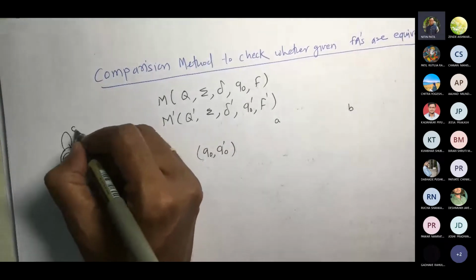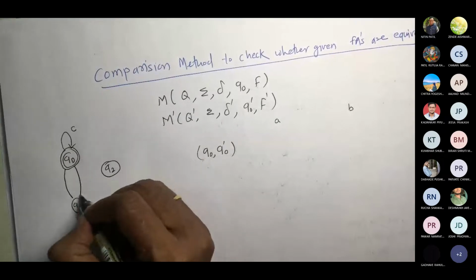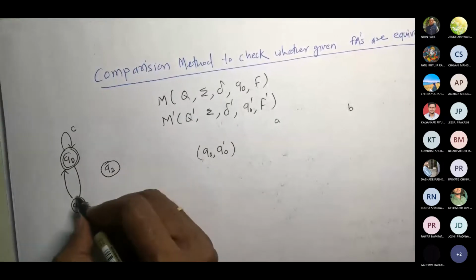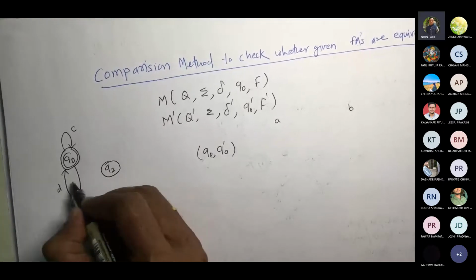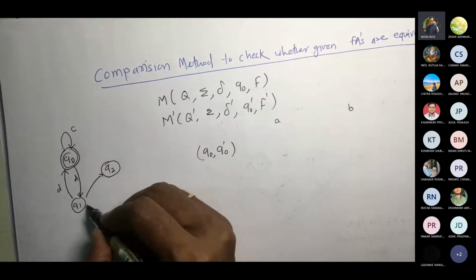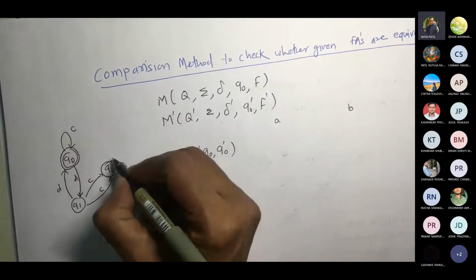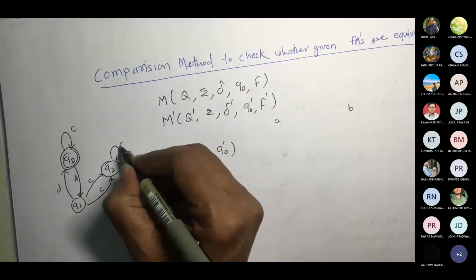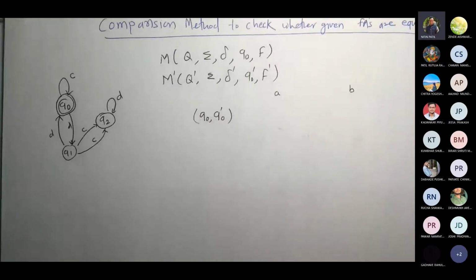There is a transition, say C. Then I have two transitions here, this would be D, this would be C, and this would be D. This is my first FA.